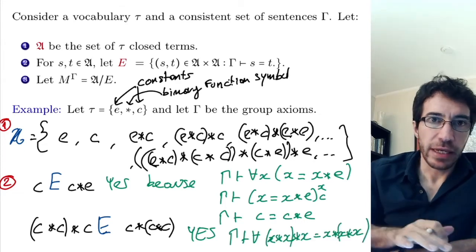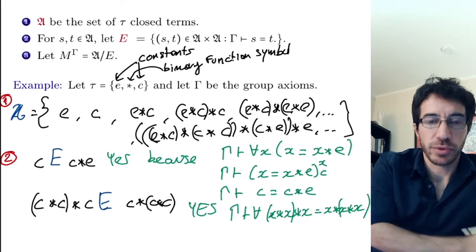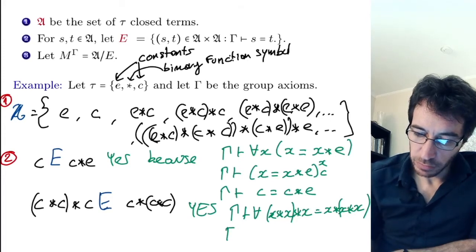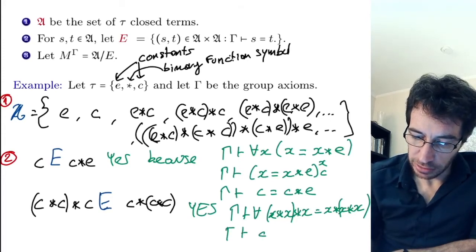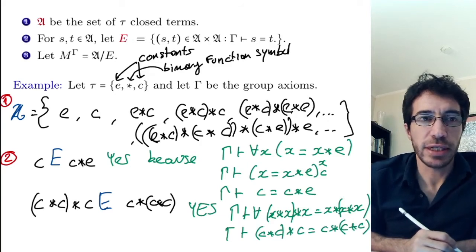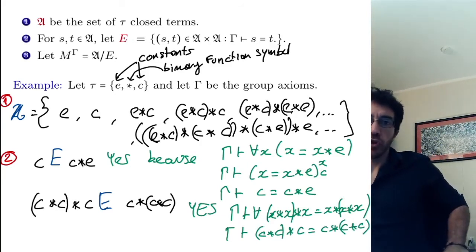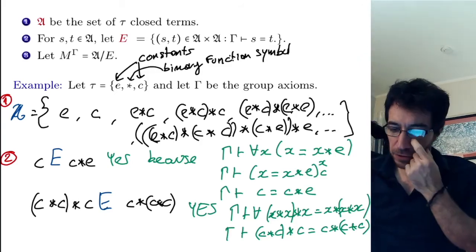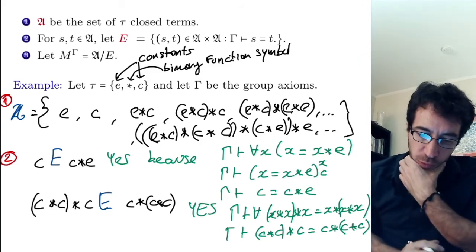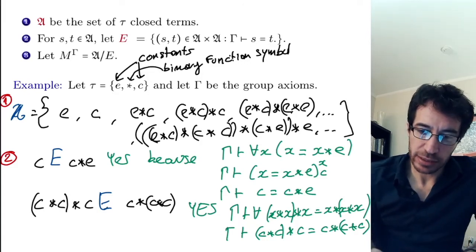And from there, again, using one of these logical axioms, we get that gamma shows C star C star C equals C star C star C, with the parentheses in different places. And therefore, that's why you get that these two are E related. So that's pretty good. That's looking like a group. So what are the elements that we get then? So let's see now if we can understand this quotient.